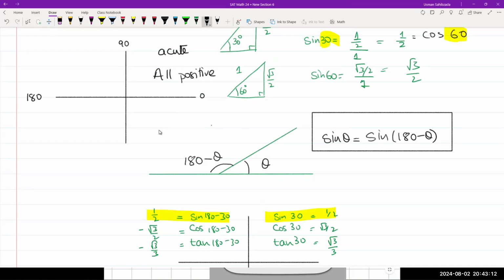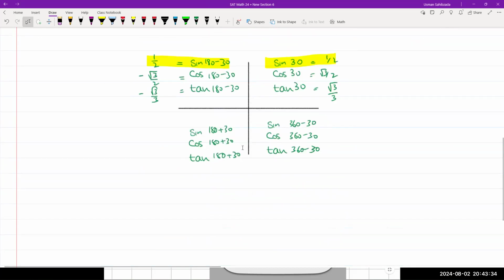For obtuse angles, only sine is positive. So A, S, T, C. In the third quadrant, only tan ratio is positive. The sine and cos both are negative. In the fourth quadrant, only cos is positive. So you have to, guys, know this ASTC thing.